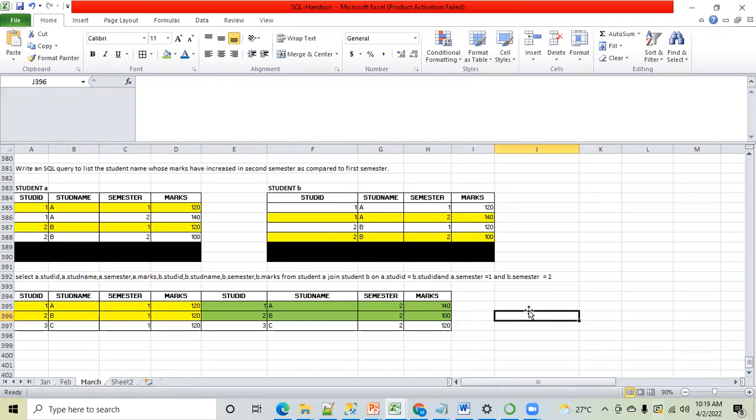Now, after this, what we have to do? I have to compare marks. You have to compare marks. Now, what is the condition? Not query, just tell me manually what is the condition in the question, in plain English.